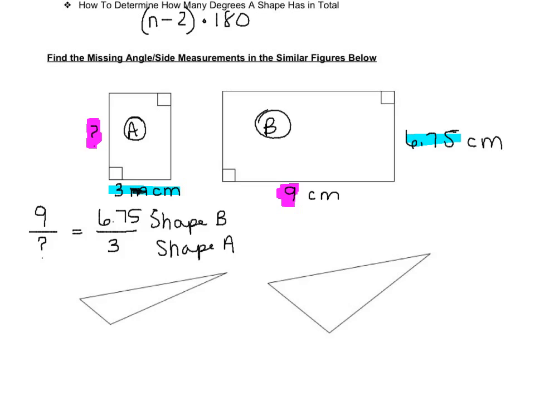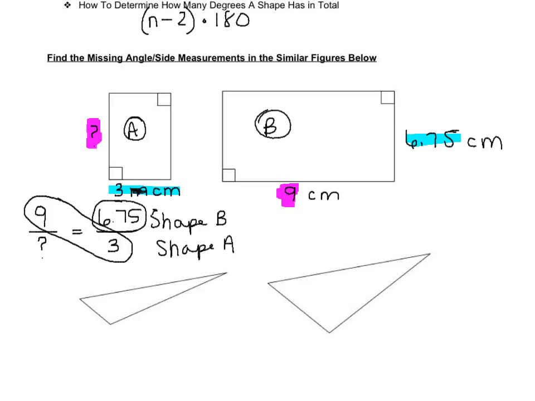So I need these 2 fractions to be equal. To solve a proportion, the easiest way to do this, and a way that works 100% of the time, is to multiply across and divide by the number that is left over.